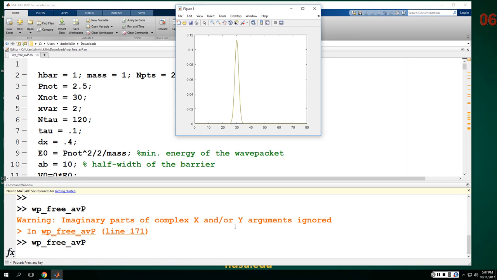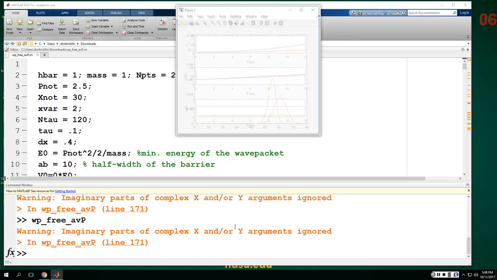Run the code once again. I sent it by email, just download it. So you'll see that the peak here should launch and go forward a little bit. Right?